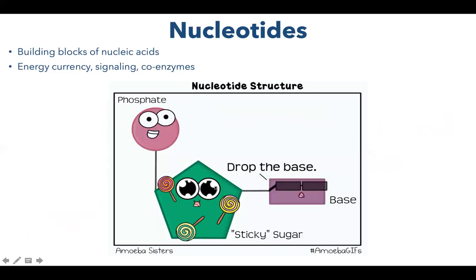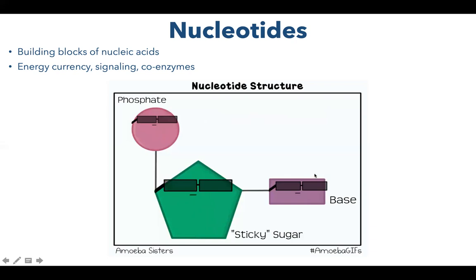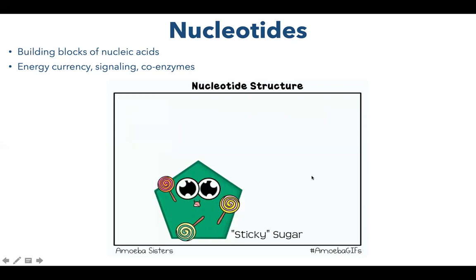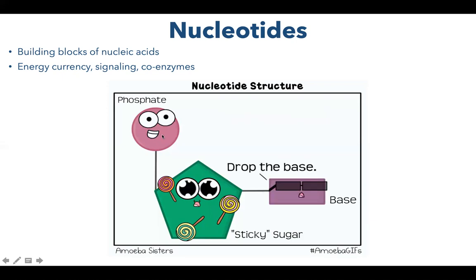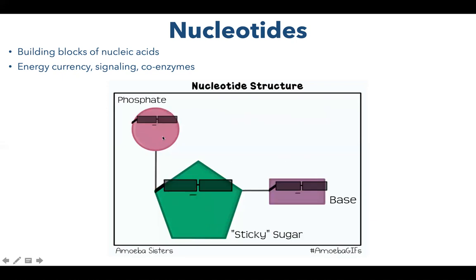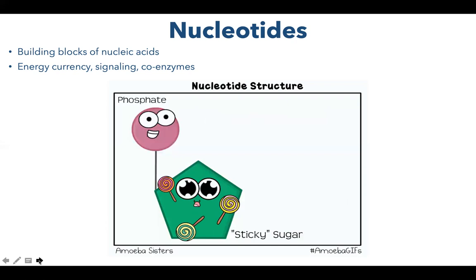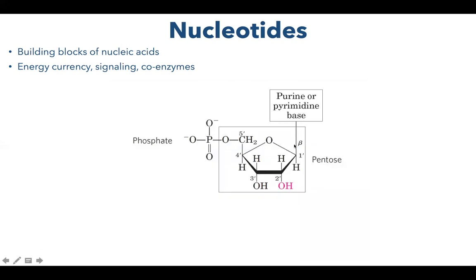The second one is a nitrogenous base, or a nitrogen-containing compound. And the third one is at least one phosphate group. So again, we have the sugar, which is actually a pentose sugar. So it's made up of 5 carbons, and the sugar used in nucleotides is ribose.